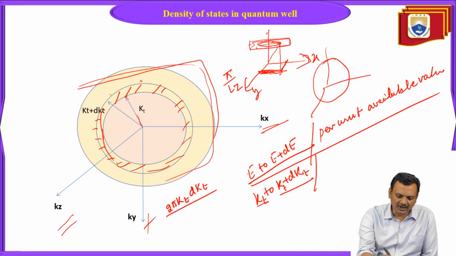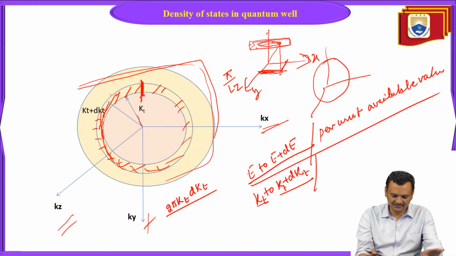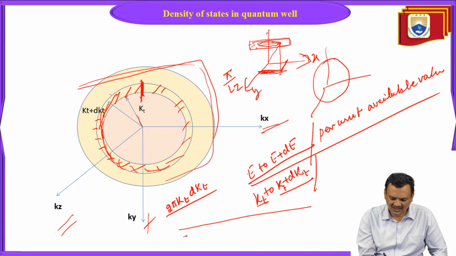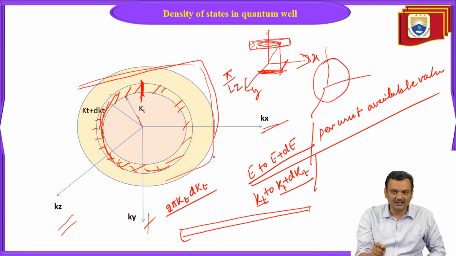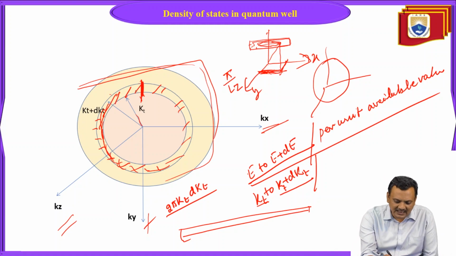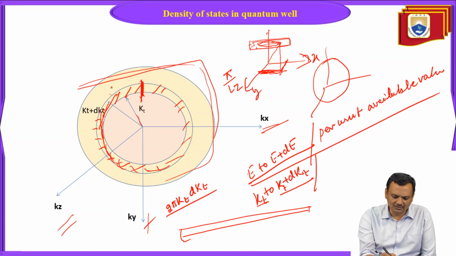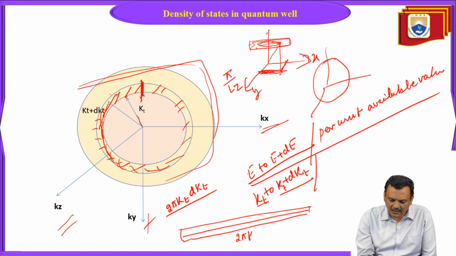How? Now cut this strip. It looks like a strip. Now cut this strip and straighten it. So what will be the length? The length of this strip will be the circumference of this circle. So what will be the circumference? 2 pi Kt. So this length will be 2 pi Kt.